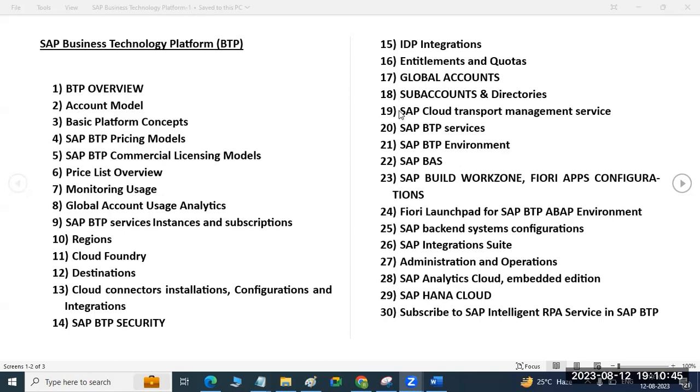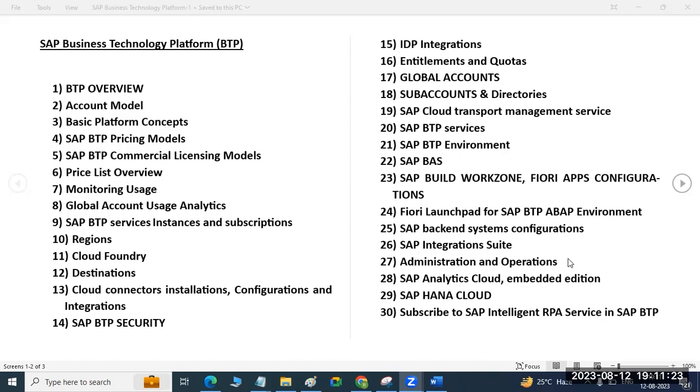Here also, with the CTMS configurations, we move the developments from one system to another. Then services and environments, Business Application Studio, integrations to your backend ABAP or S/4HANA systems, Build Work Zone, Fiori apps configurations, and backend preparation of your ABAP system, meaning S/4HANA or ECC. Then configurations of Integration Suite, which means CPI, Ariba, administration activities and operations, which come as part of your day-to-day activities as a BTP consultant.